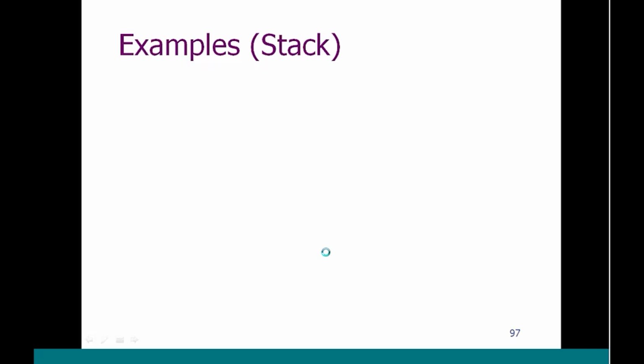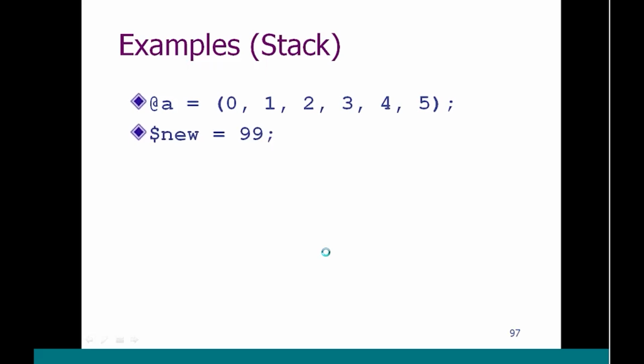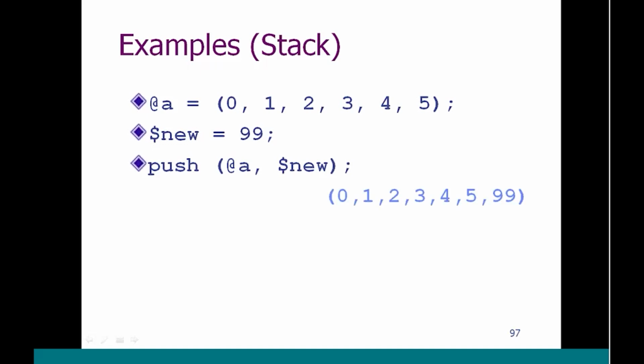Before we go further, let's do some examples again. Here is an example where the array is defined as 0 1 2 3 4 5, and then we have a new scalar $new, which is equal to 99, and then we say push this $new into the array A. What that means is this is pushed towards the end.